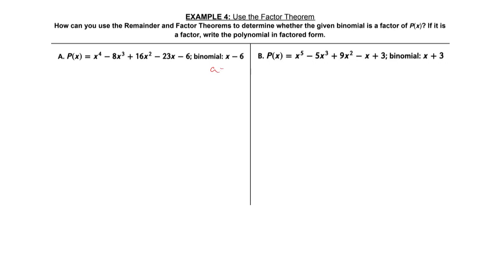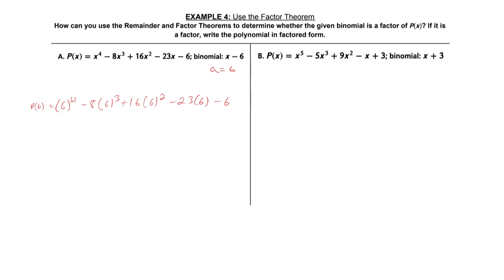All right, so our a is 6 here that we're going to test. So I'm going to substitute in 6 for x. So 6 to the 4th minus 8 times 6 to the 3rd plus 16 times 6 squared minus 23 times 6 minus 6.